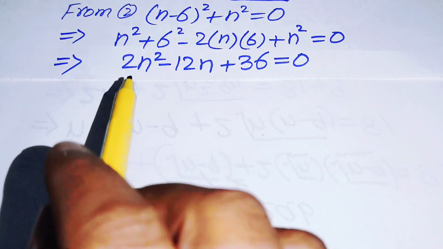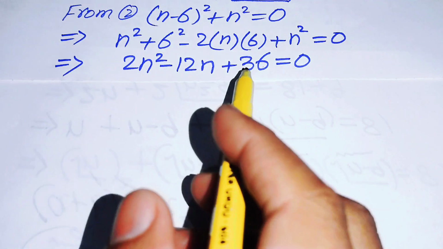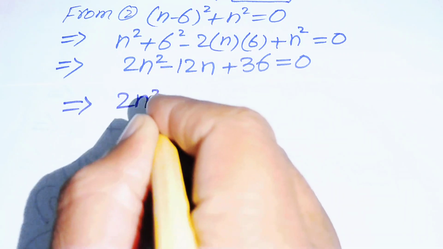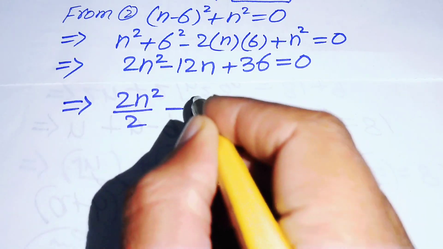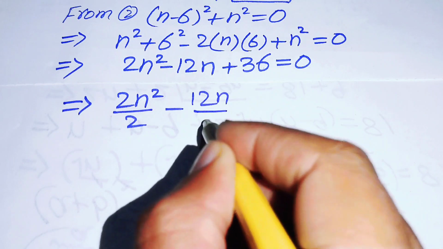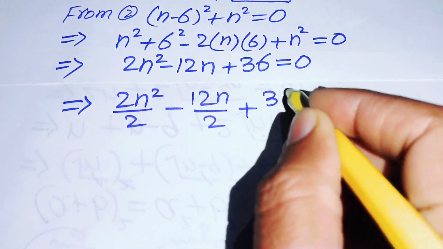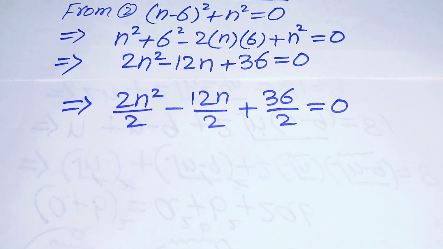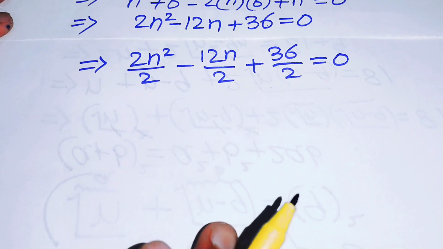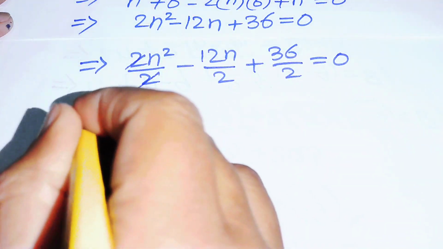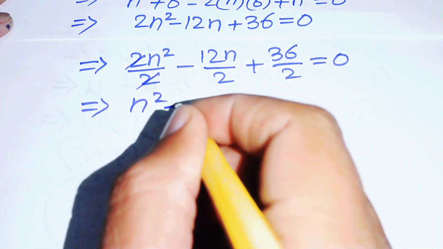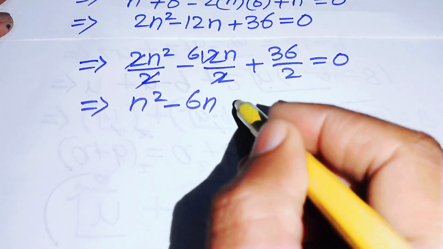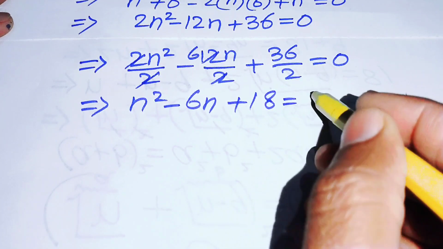And now in the next step, you see here each term is divisible by 2, so we divide each of the terms by 2, and we obtain 2n^2/2 - 12n/2 + 36/2 = 0. And now in the next step, this 2 and 2 are gone, and we get n^2 - 6n + 18 = 0.